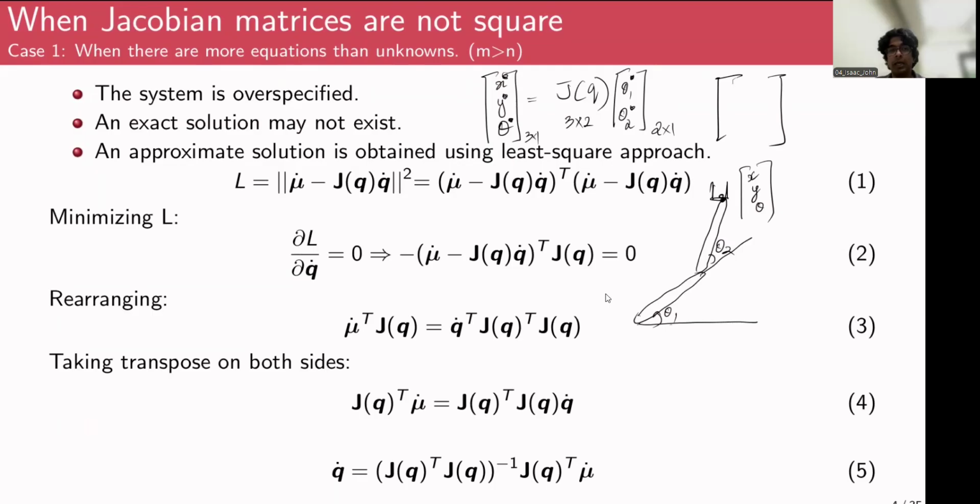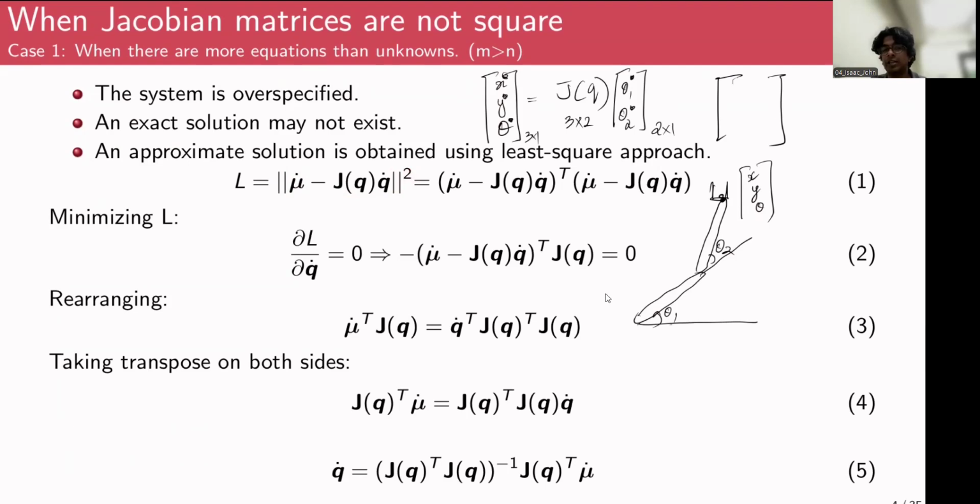So we do so by basically a least square optimization problem, where you are trying to minimize the square distance between the left hand side and right hand side. So you can formulate this optimization by defining an objective, something like this. This is basically mu dot minus J of q into q dot, and this notation basically denotes the norm. If you take the norm, it's basically the norm square, nothing but the distance square.